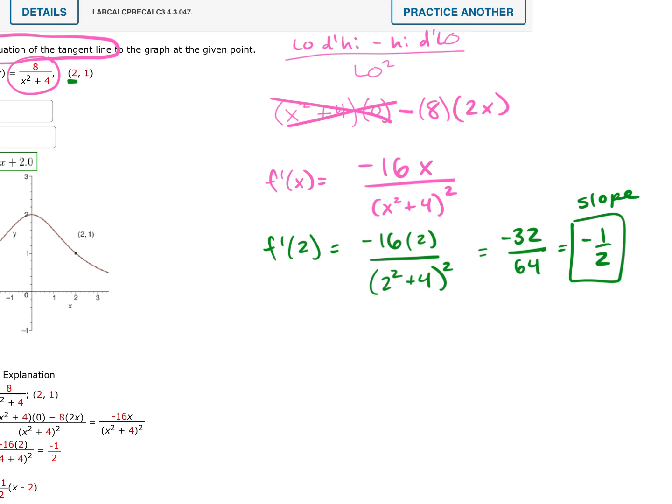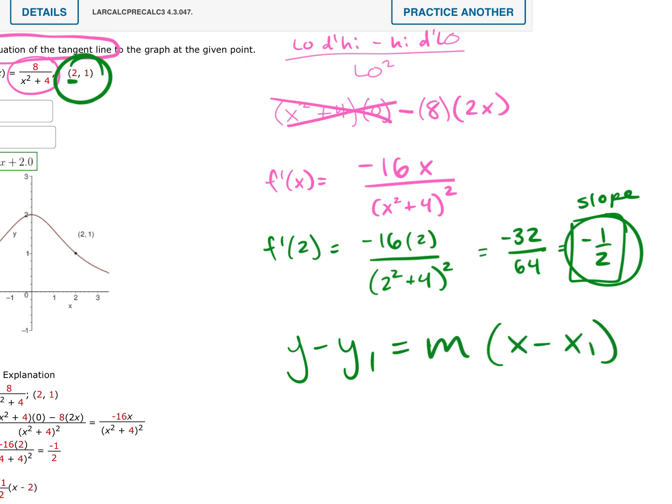How do we find the equation of the tangent line? We're going to plug it. We want to plug in 2 and 1 and our slope into the equation of a line. So y minus y1 is equal to m times x minus x1. So y minus 1 is equal to negative 1/2 times x minus 2.